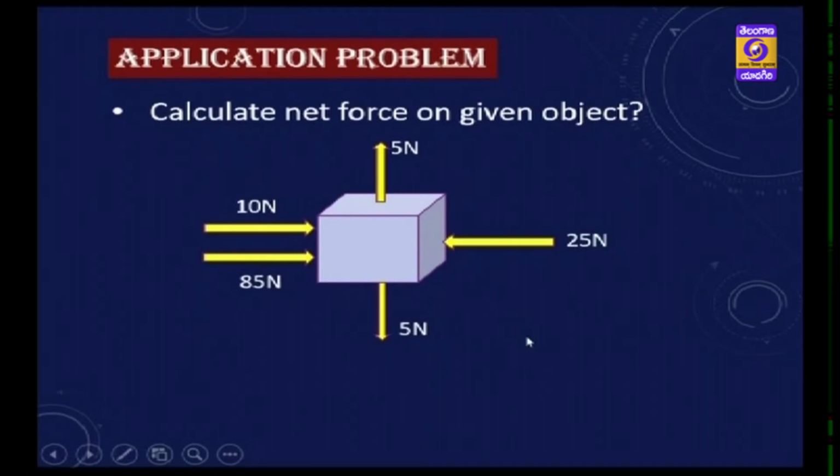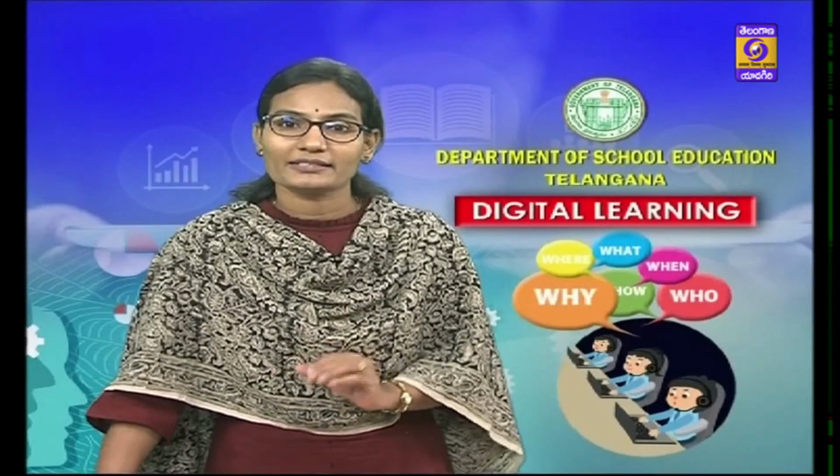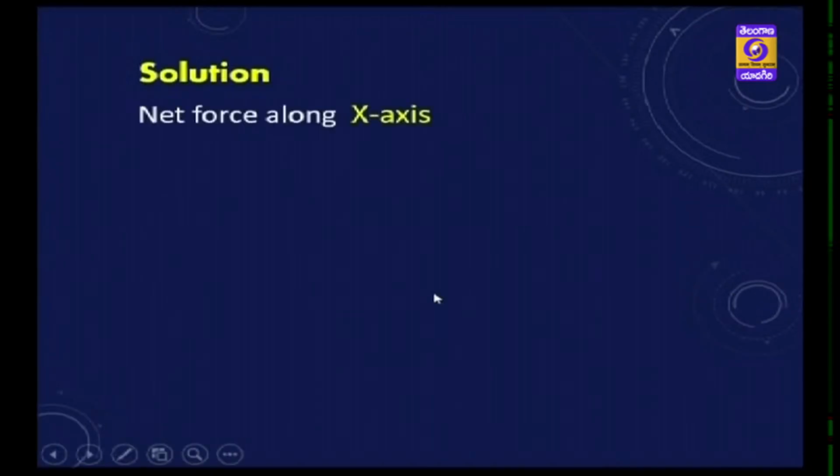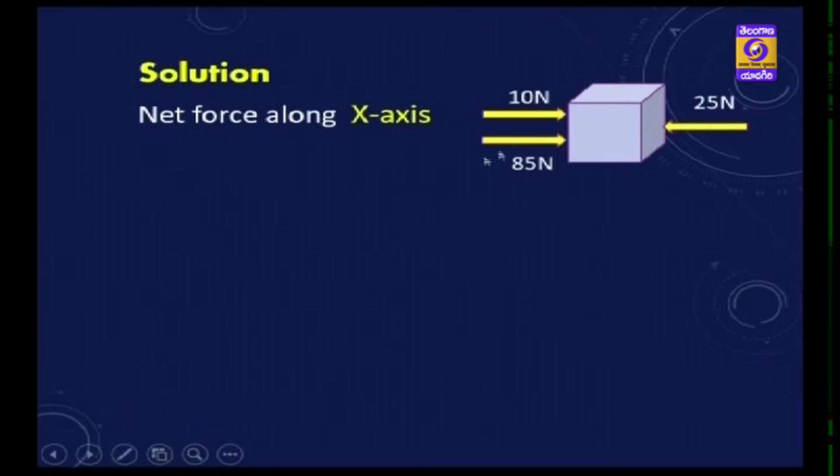First of all, we have to calculate the net force along the x-axis. Only I am taking the forces which are acting along the x-axis, that is 25 newtons, 10 and 85 newtons. See, the arrow mark for the 25 newtons is showing in this direction, which means the negative x-axis direction.